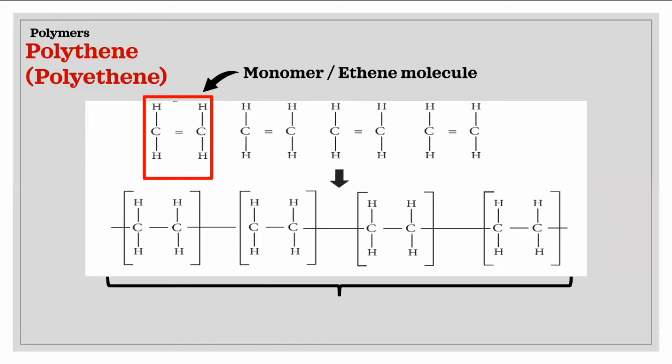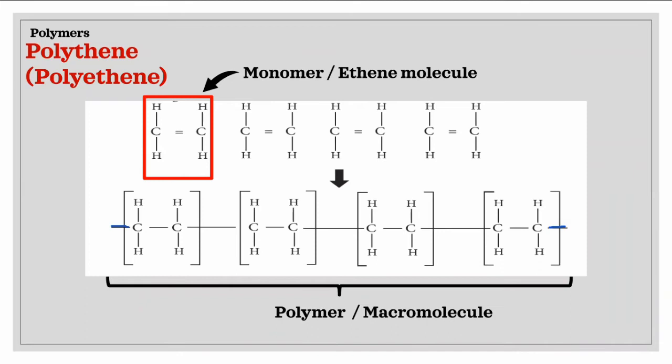Keep in mind, only a portion of the polymer is depicted in the diagram. These two incomplete lines indicate that this is just a portion of the large polymer. Once the polymer is formed, it has a basic structural unit that repeats over and over to form a long chain.